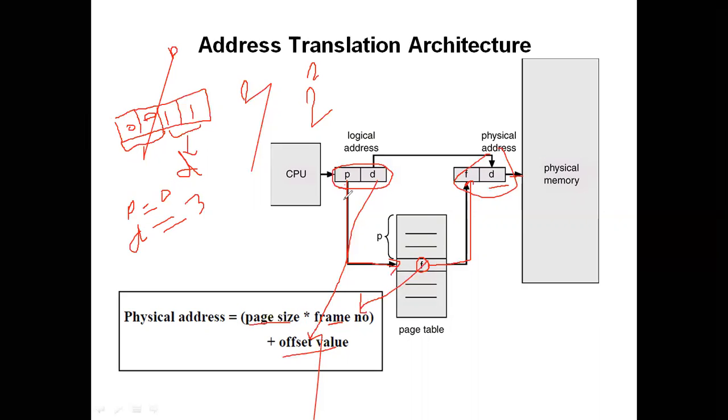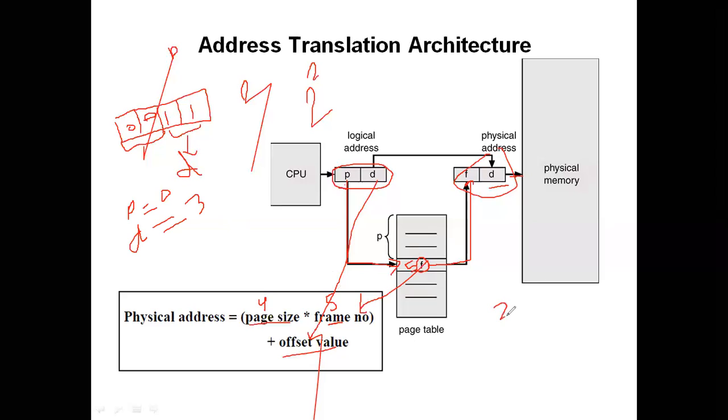Now how is it calculated? We search for page number 0 in the page table, and suppose page number 0 is located in frame number 5 here. So the page size is 4 and the frame number is 5, so 5 into 4 is 20, and the offset is 3.